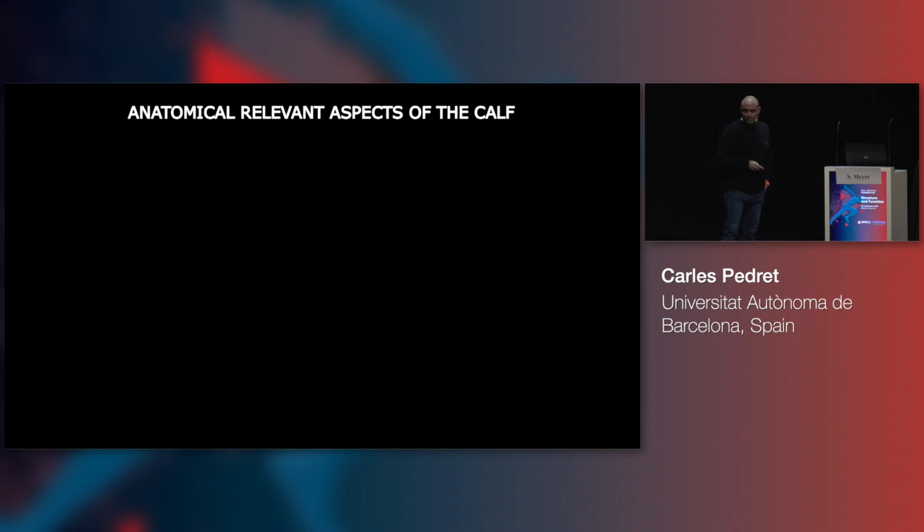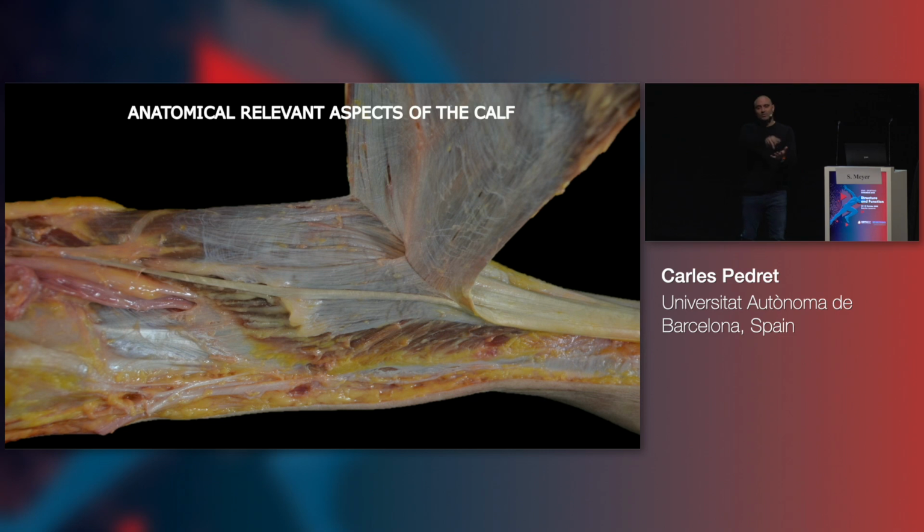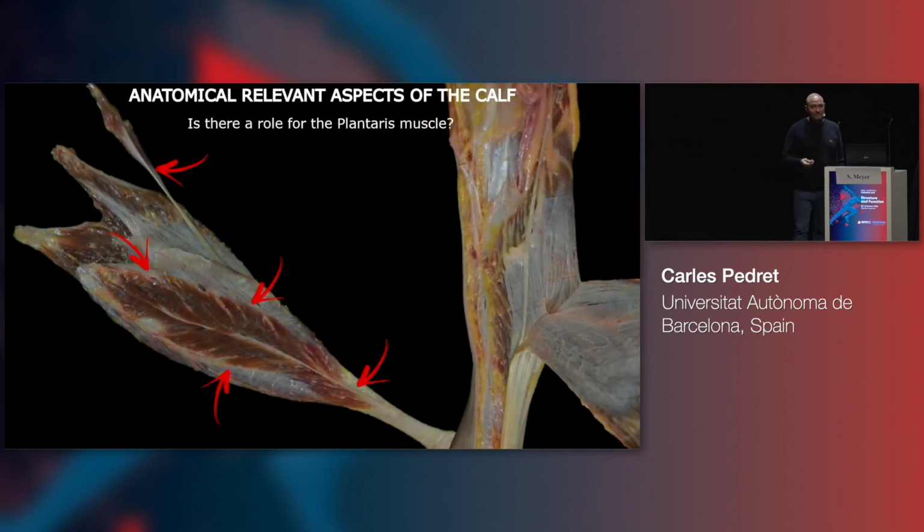So that's very important, because if we open the medial gastroc and the lateral gastroc and we look in between both of them, we can see the gastroc here, we can see the soleus, and here we can see the plantaris tendon, okay? So that's also really important, the role of the plantaris in that kind of injuries that we will find here.